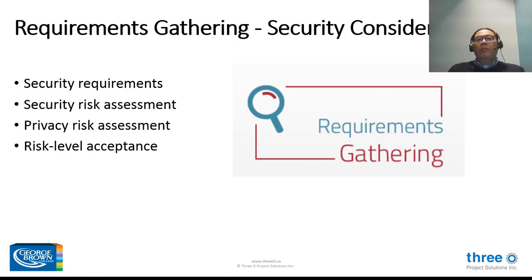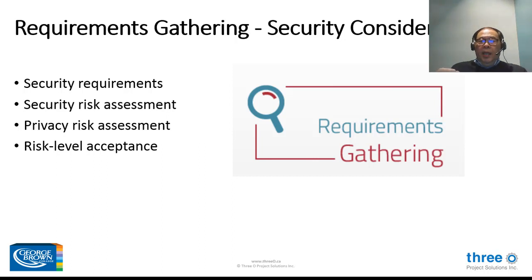A good example would be this: the business requirement would be, okay, we need to collect customers' personal identifiable information, including their SIN number, for example. If that is the case, then security would say, well, since you're dealing with PII, personal identifiable information, your information needs to be encrypted in transit and at rest. So that's a security requirement.